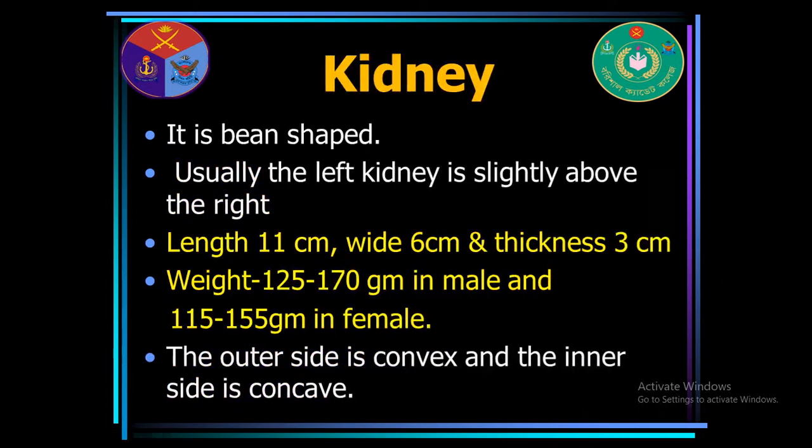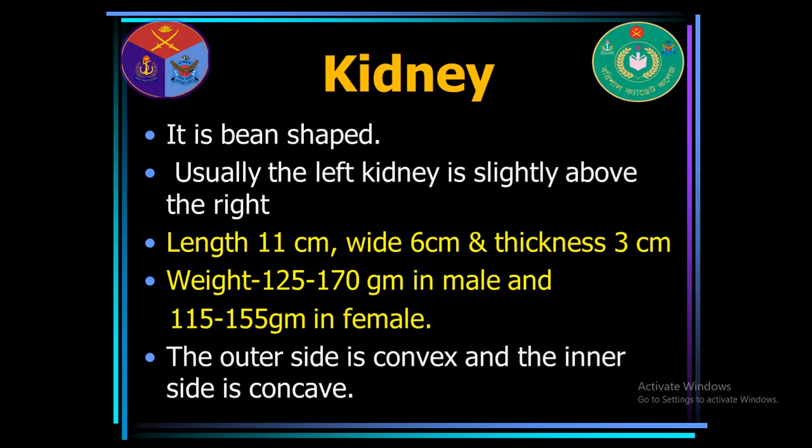Now, the kidney: it is bean shaped. Usually, the left kidney is slightly above the right kidney. Its length is 11 cm, width 6 cm, and thickness 3 cm. Its weight is 125 to 170 grams in males, but in females its weight is 115 to 155 grams.